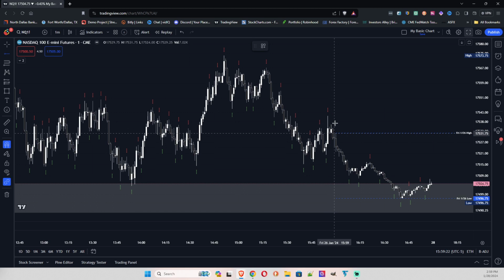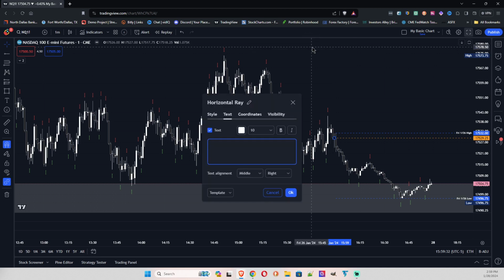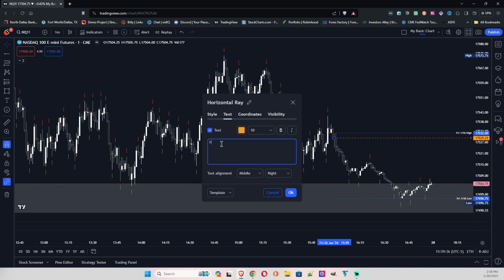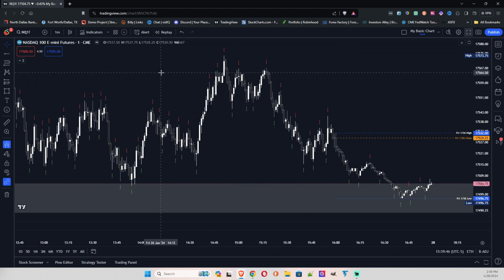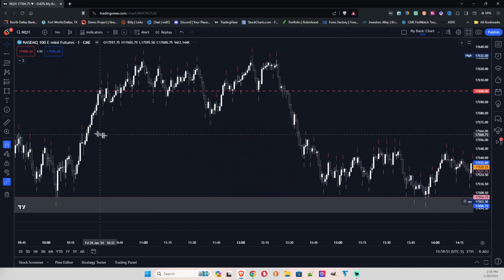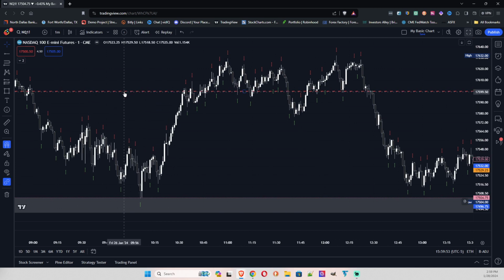The 1559 close is down here. Make that gold. We're going to call this Friday 1/26 close. Then I need to go back here to the open. And mark that one.